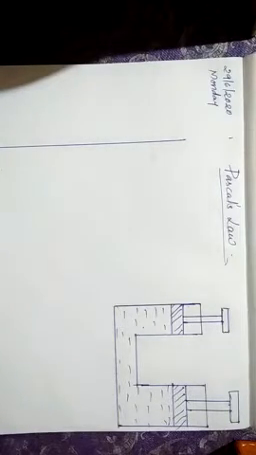So let us see how this principle can be applied for the function of a hydraulic jack. That is what I am going to explain here. Before that, what is pressure? All of you already learned in the previous class that pressure is the perpendicular force applied on a surface per unit area.